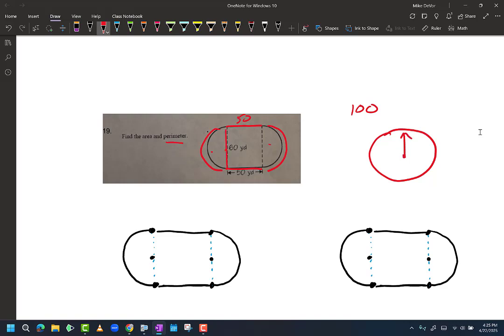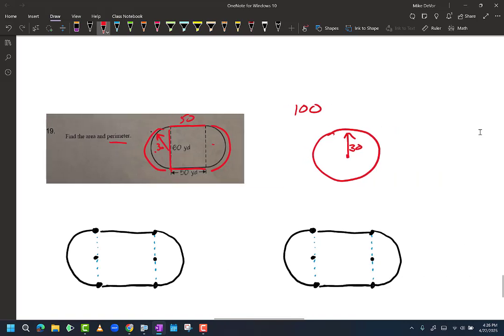This is 60 yards long, that means the radius is 30. So plus the circumference. The circumference is 2 pi r, so it's 60 pi. So plus 60 pi. That's our perimeter.